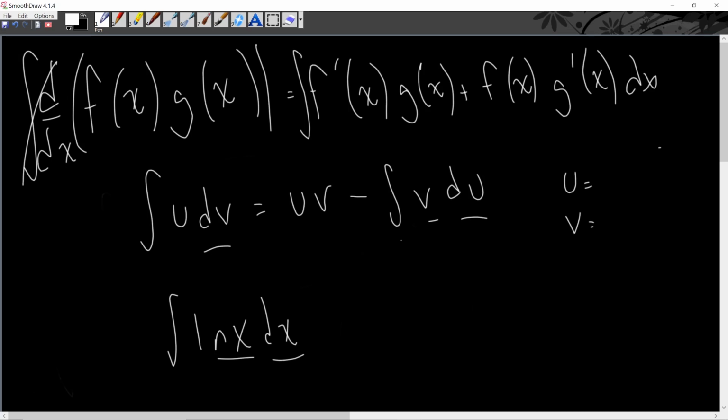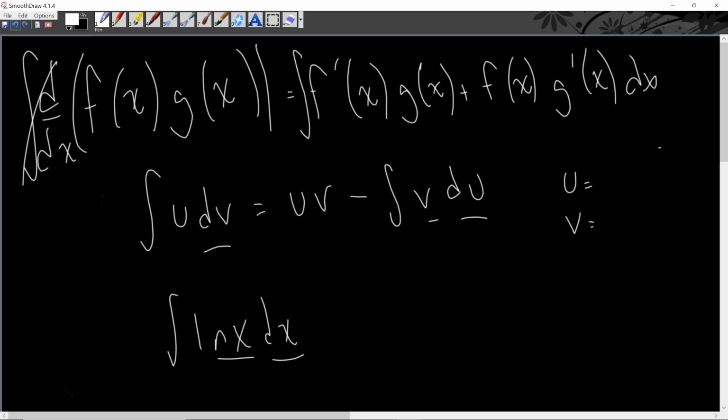The reason we want v to be easy to integrate is so that when we do v du, du will be nice and simple because u is supposed to be easy to differentiate, and v will be nice and easy to integrate because we don't have to do too many operations to get the ball rolling for the actual integration piece.